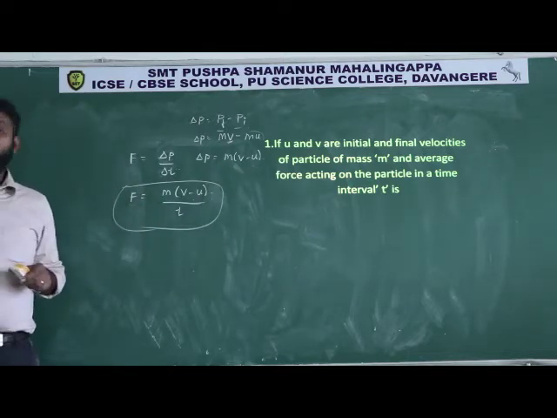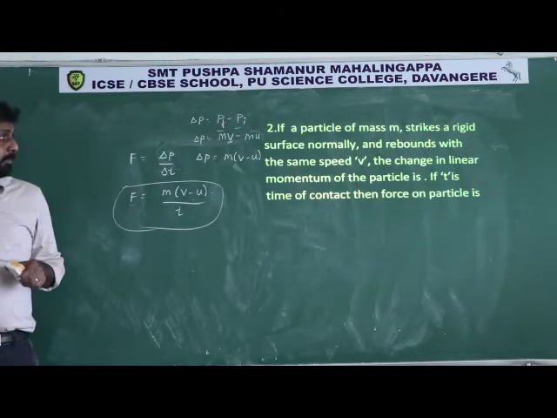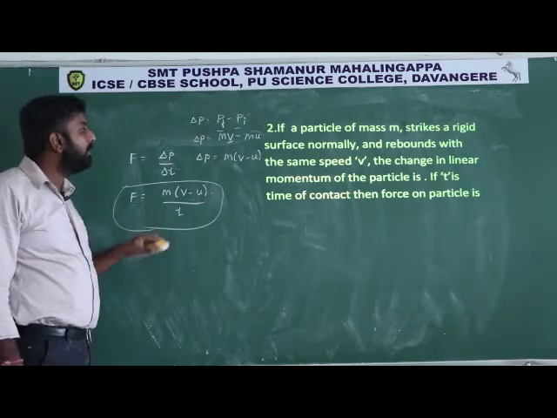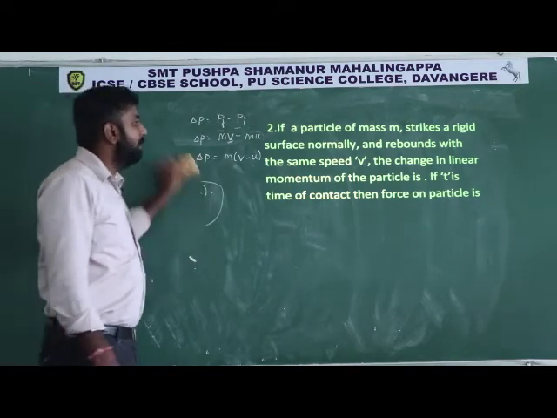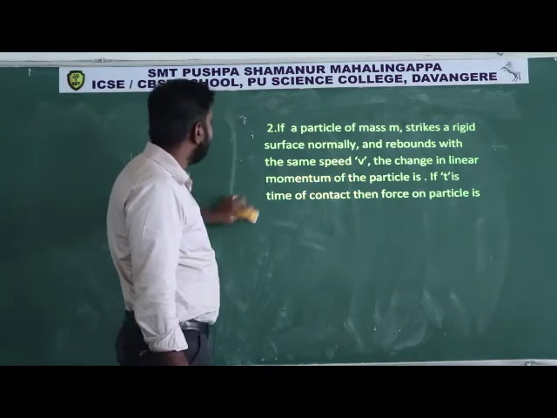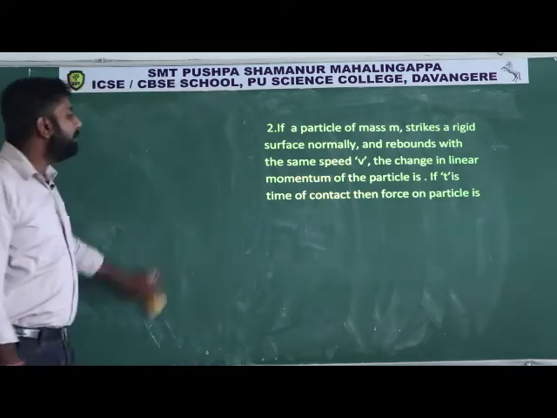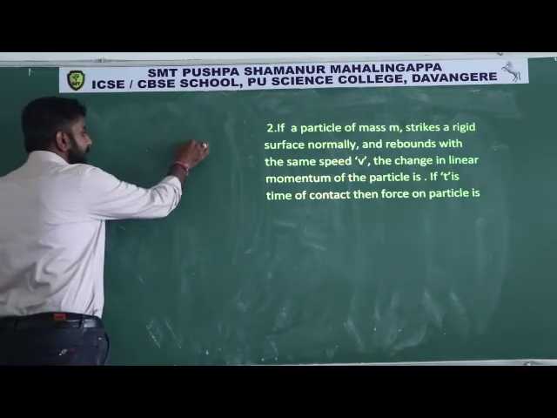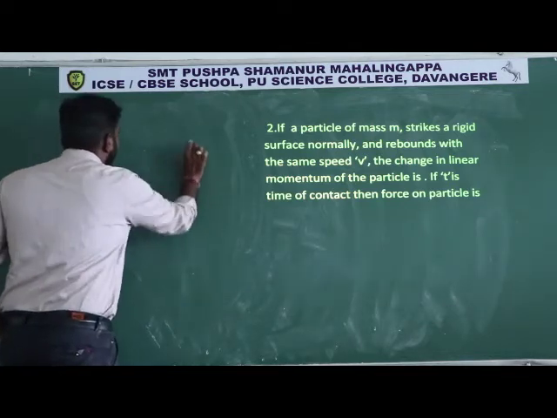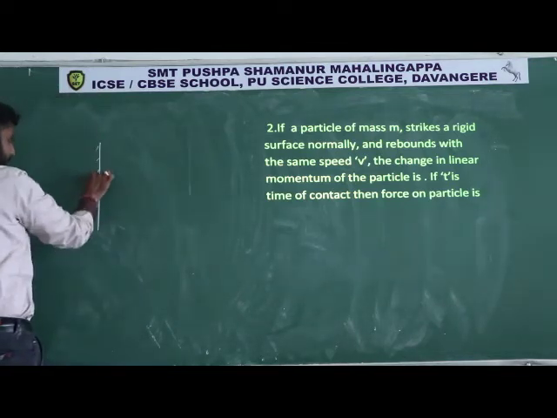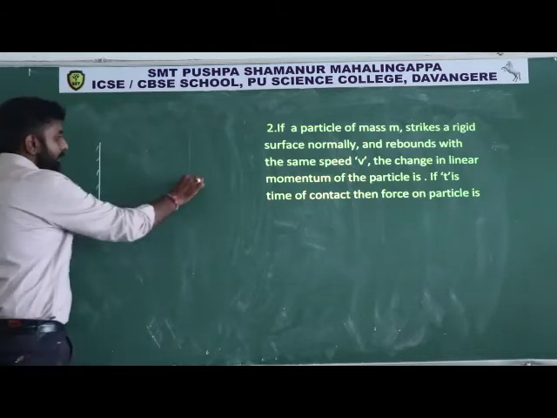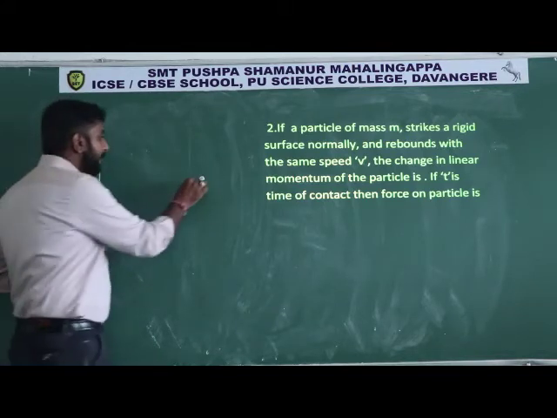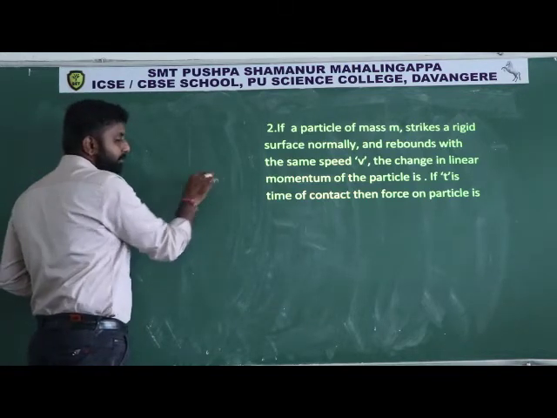And in the next application, if a particle of mass m strikes a rigid surface normally and rebounds with the same speed v, the change in linear momentum of the particle is, you can consider a rigid surface and here there is a particle. This particle mass is m.